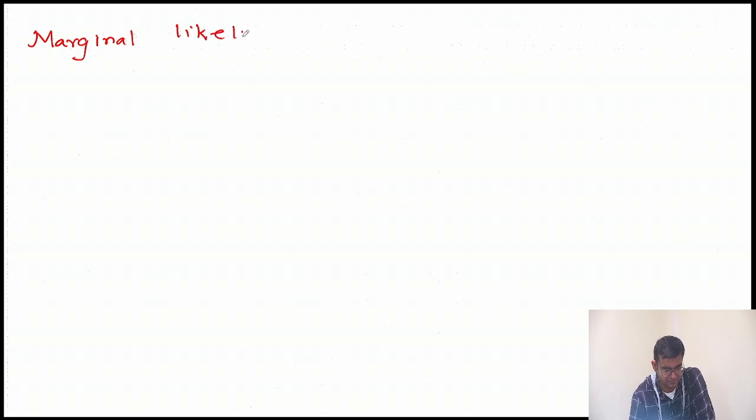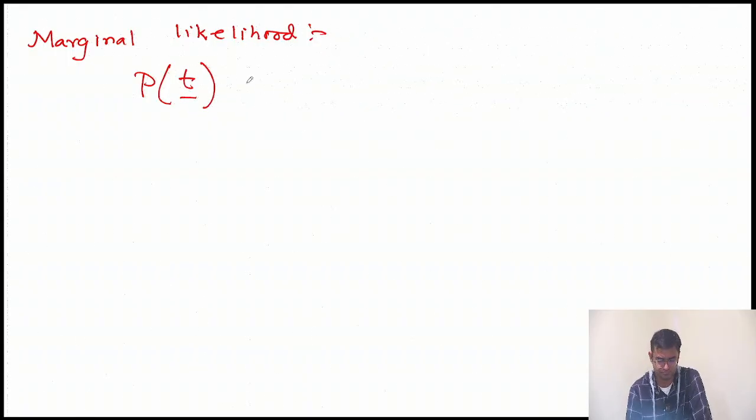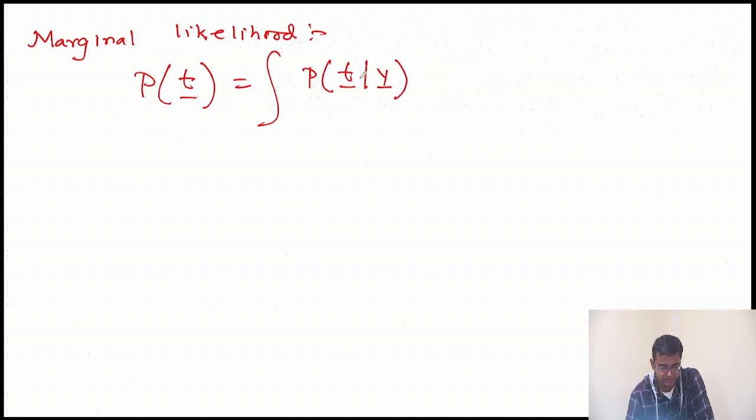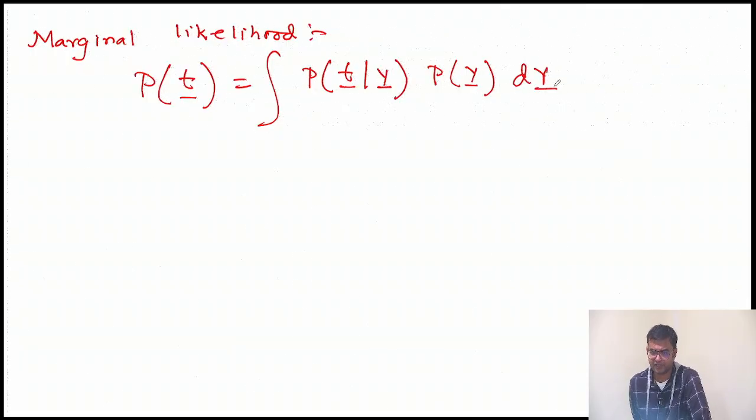Marginal likelihood. What is the marginal likelihood? Probability of t, the data you have observed, which is equal to the integration of probability of t given y multiplied by probability of y, dy, right? What is this distribution? Gaussian.